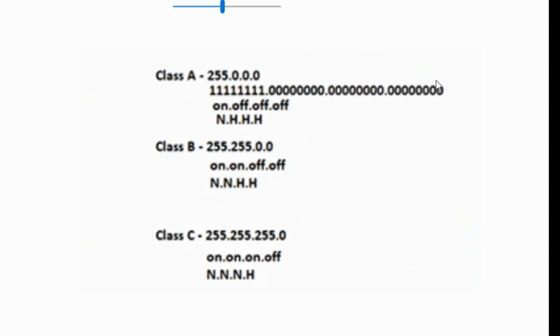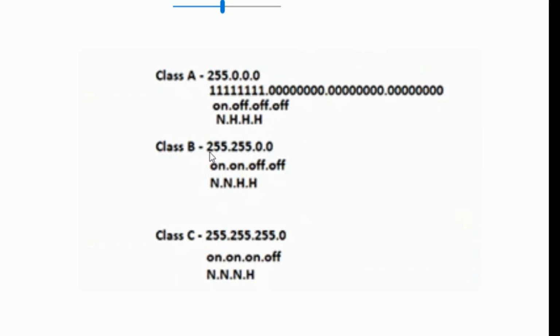You can also see I put on bits in my lab for 255, and the rest are off bits. I put N for network because 255 is the network portion, and all these are host bits. So H stands for host bits.